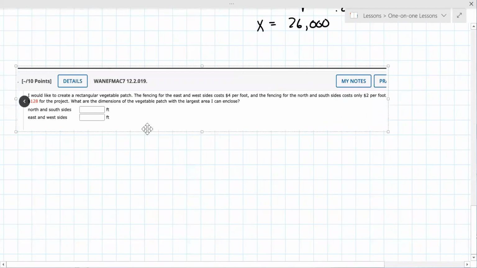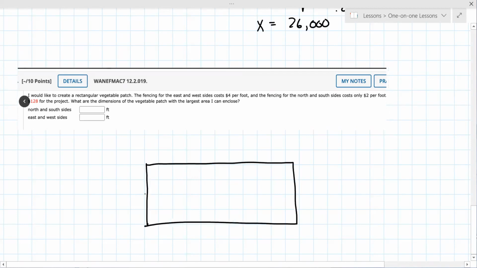Okay. I would like to create a rectangular vegetable patch. The fencing for the east and west. So we've got to remember our north, south, east, west. This side we'll call X, and this is $4 per square foot. Y is going to be up here, and it costs $2 and $2 down here.